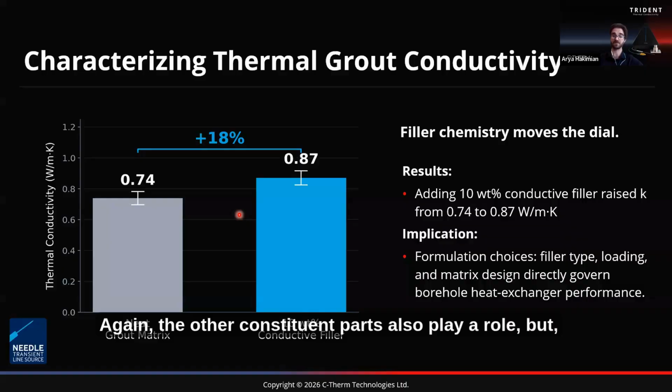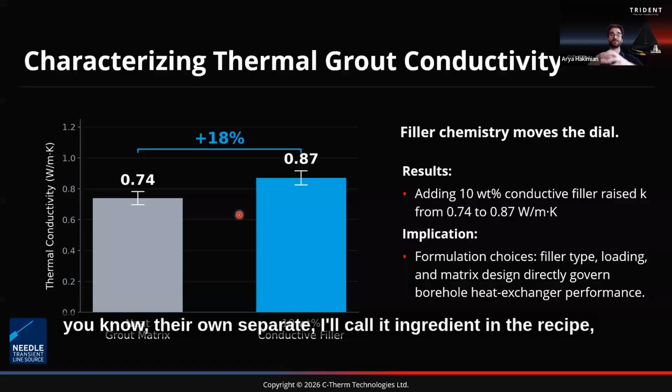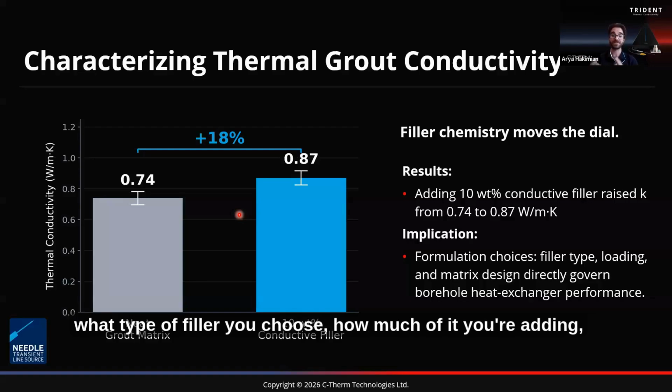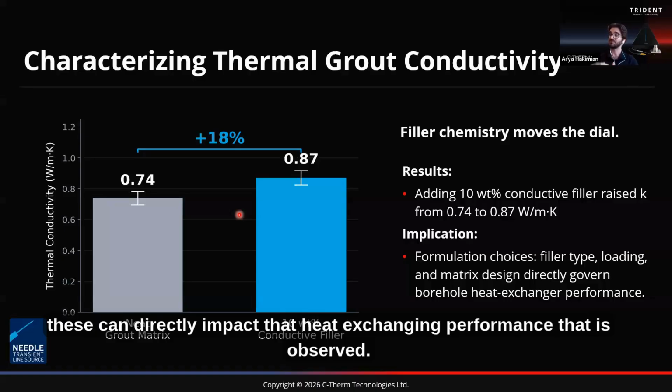The other constituent parts also play a role, but what type of filler you choose and how much of it you add can directly impact the heat exchanging performance that is observed.